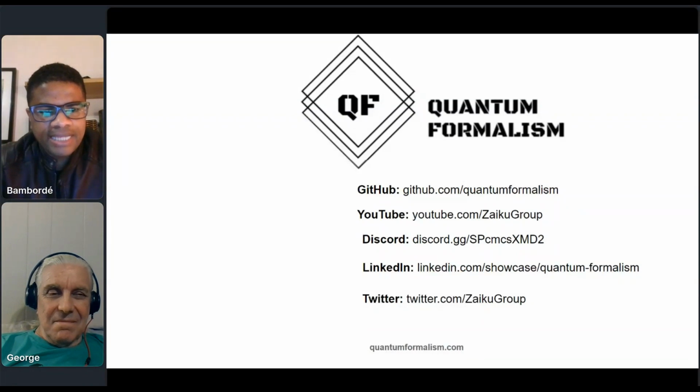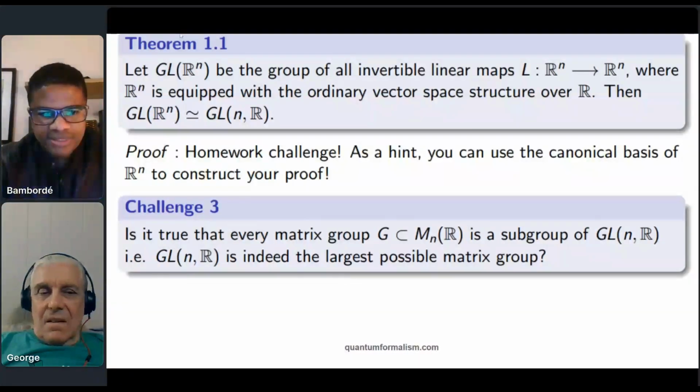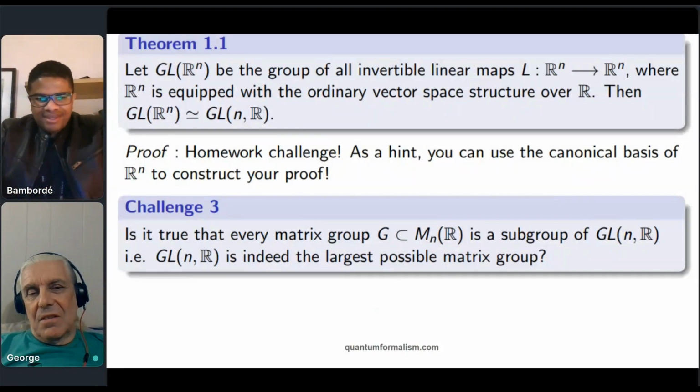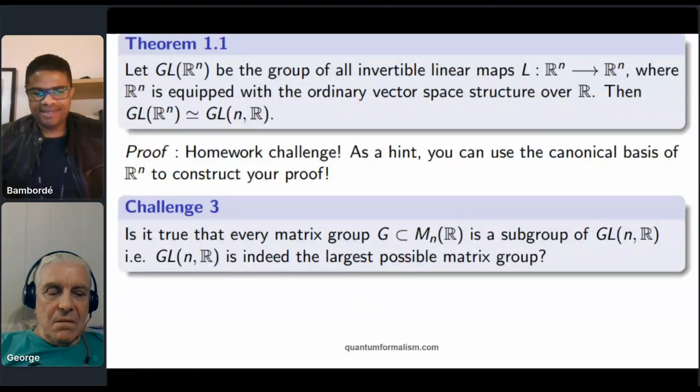Is there anything? Let me go back to this last slide to see. All quiet on the chat. What's your feeling about the third challenge? Is it true that every matrix group is indeed a subgroup of the general linear group over R?